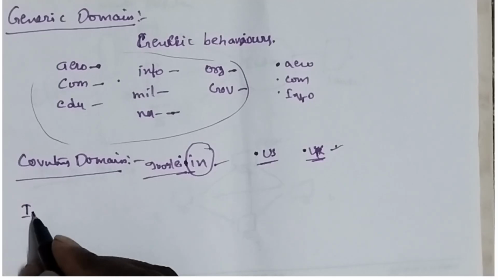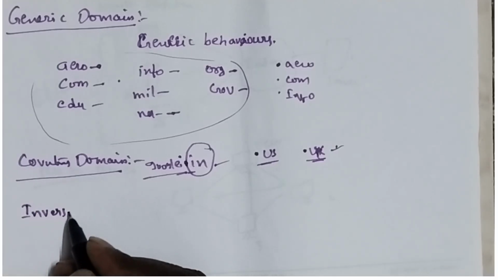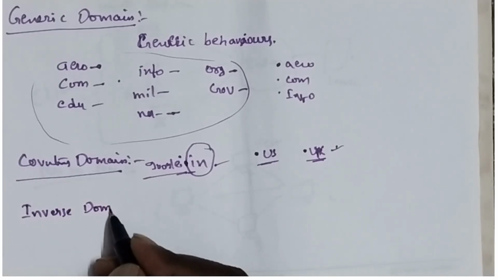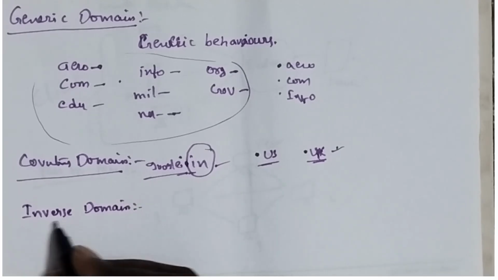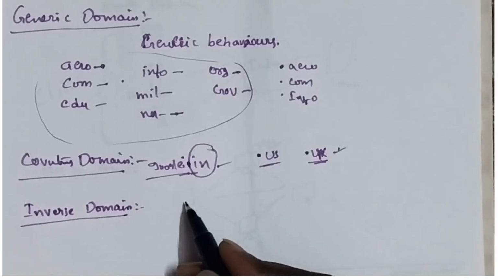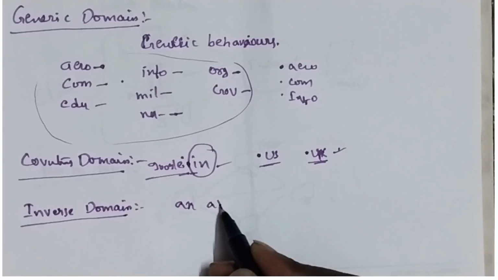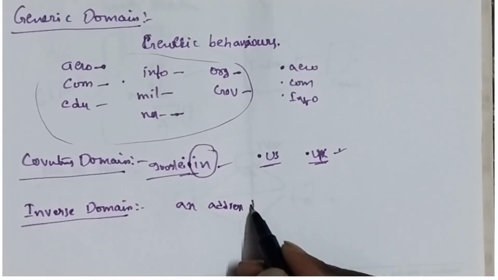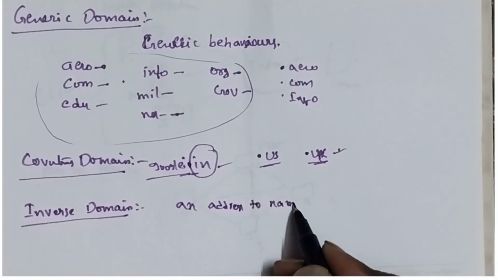And the last one is the inverse domain. The inverse domain is used for mapping an address to a name.